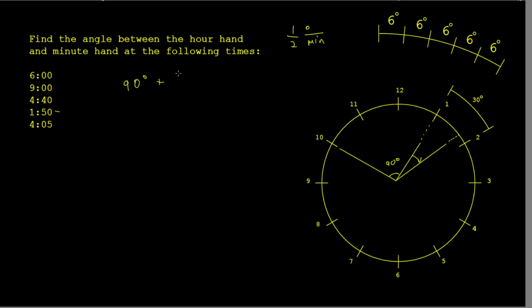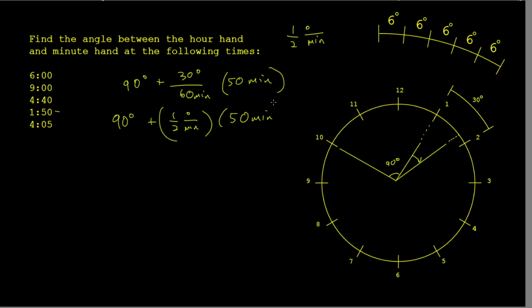So it's going to be plus 30 degrees per 60 minutes times 50 minutes. So that is 90 degrees plus 1/2 degree per minute times 50 minutes, which is, of course, 90 plus 25, which is 115 degrees. Again, pause the video, do this twice, get it in your brain, you're going to be fine.